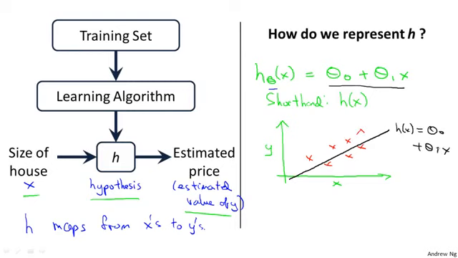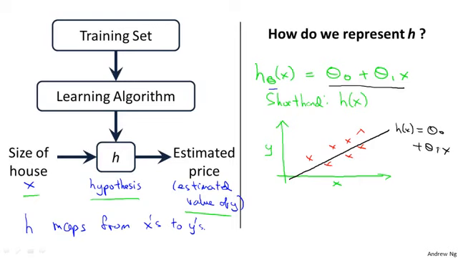And why a linear function? Well, sometimes we'll want to fit more complicated, perhaps nonlinear functions as well. But since this linear case is the simpler building block, we'll start with this example first of fitting linear functions, and we'll build on this to eventually have more complex models and more complex learning algorithms.